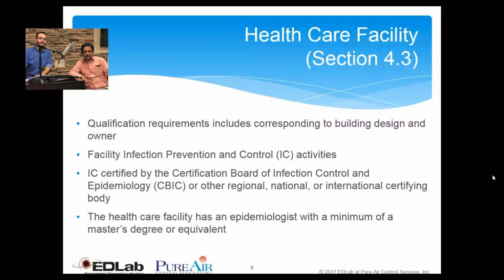At the same time, the healthcare facility should have an epidemiologist on staff, and their minimum qualification should not be less than a master's degree or equivalent in a related field. So these are some additional requirements in the healthcare facility. Is that clear, Ronnie? Yes, it is.